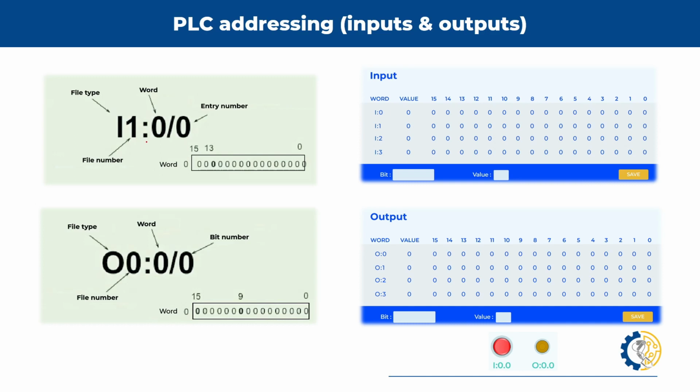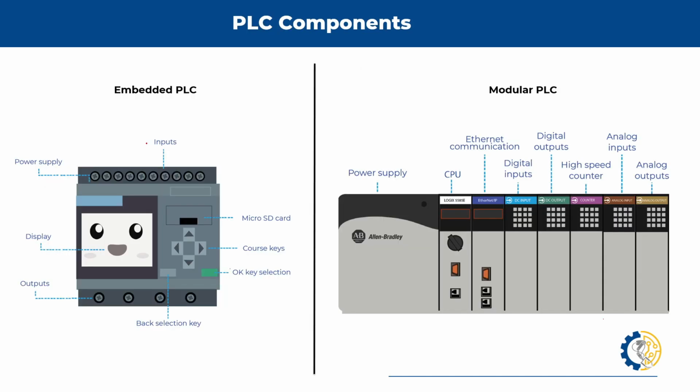So again, with us, we already removed our file name or our file type. What else? Our word. Many of us know it as the module number. Now, where am I going with this? We need to know and learn how to identify where our digital input module is.